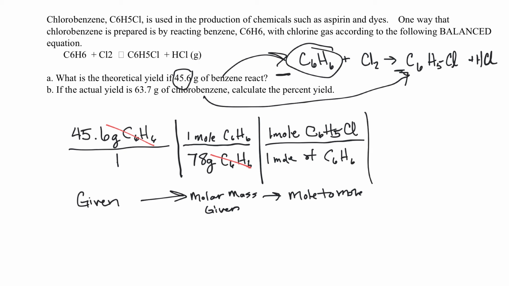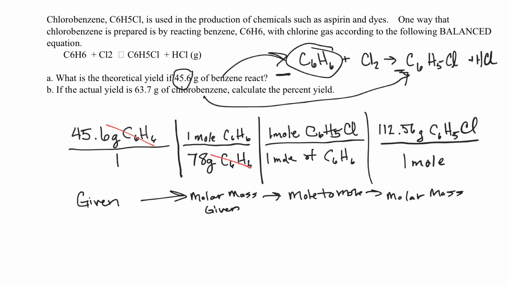And now we just need to do the molar mass of what we're trying to find, which would be the molar mass of chlorobenzene, 112.56 grams of C6H5Cl over 1 mole.